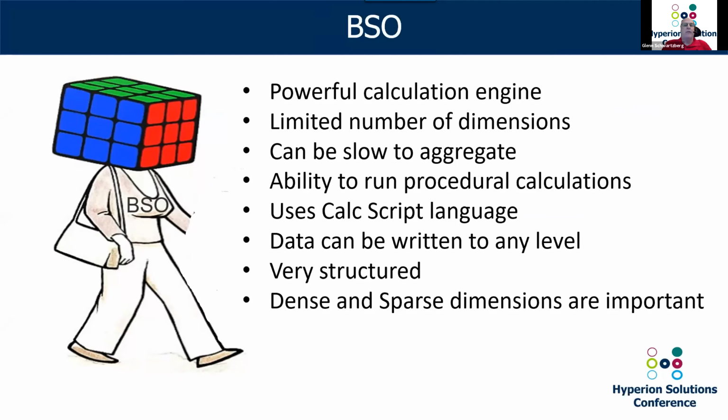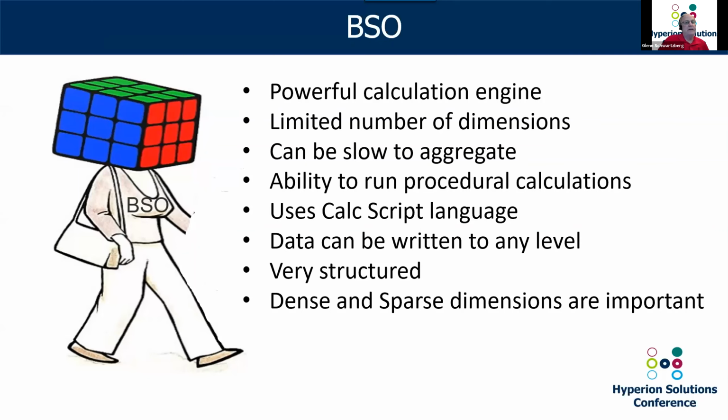It's a very powerful calculation engine. It pre-stores all of the information, but because of the way that it pre-aggregates data, we're limited to the number of dimensions that we can have in a BSO database. Because we could have billions or trillions of intersections, it can be very slow to aggregate and to do calculations on.